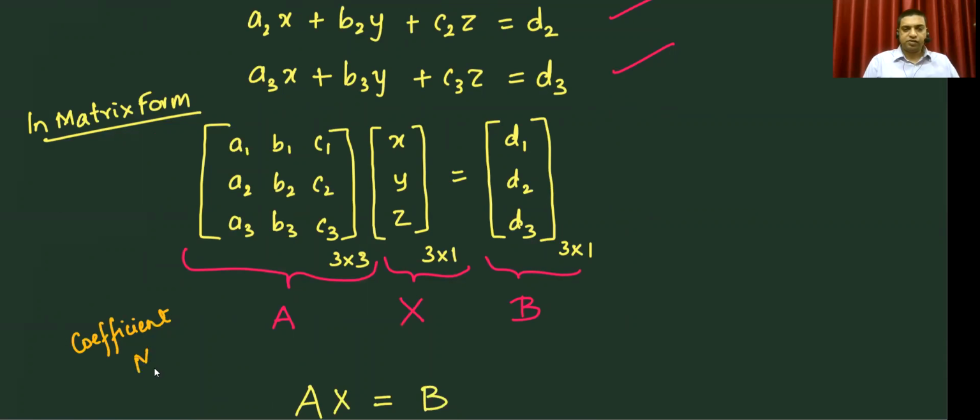A is called the coefficient matrix, B is the matrix of the constants, and X is the matrix of the unknowns.